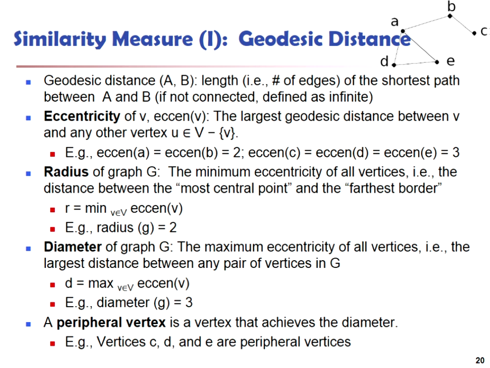Geodesic distance is the shortest path between A and B. And if A and B are not connected, in this case it will be defined as infinite. Also, we discussed the eccentricity of a vertex. Radius is the minimum eccentricity of all vertices, and the diameter of a graph is the maximum eccentricity of all vertices. A peripheral vertex is a vertex that achieves the diameter.